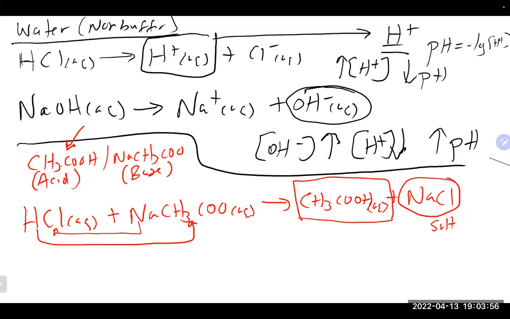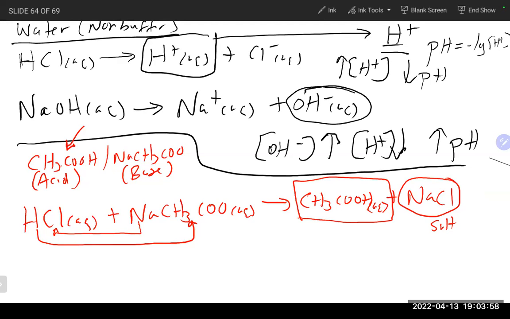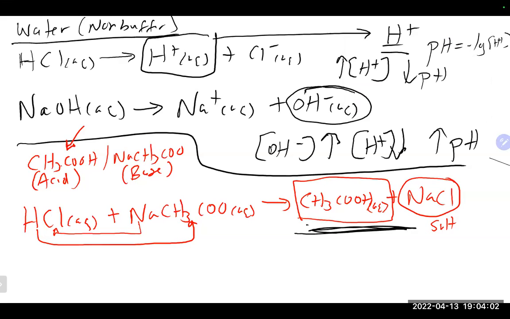But more importantly, it is actually what we do not see here on this side of the equation that we did see up here. What do we not see on the bottom equation that we did see on the top equation that would affect the pH? What affected the pH with the HCl and water? It was the amount of H plus that was formed, right?